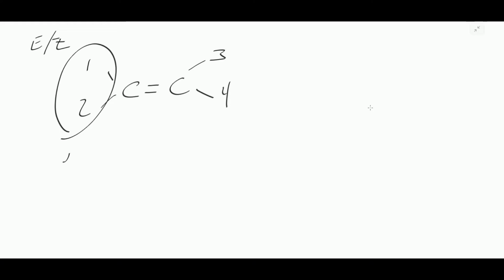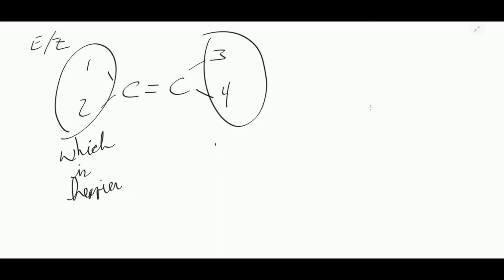So you have your double bond, and you have your four things. So 1, 2, 3, 4. And what you do is you compare 1 and 2, and you ask, which is heavier, in terms of molar mass. And then you compare 3 and 4, and you ask, which is heavier.